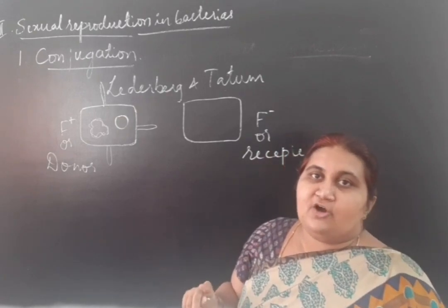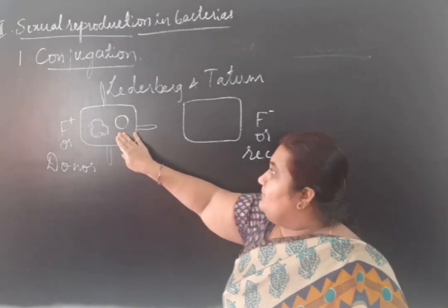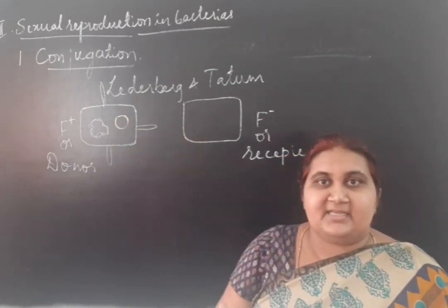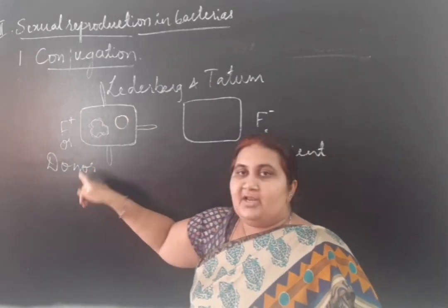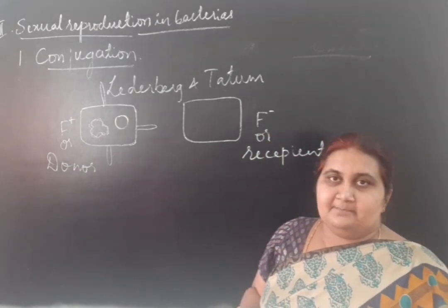Due to the presence of the gene for fertility on a plasmid, that bacterium is called the F plus bacterium, also known as the donor, or sometimes called the male bacterium.